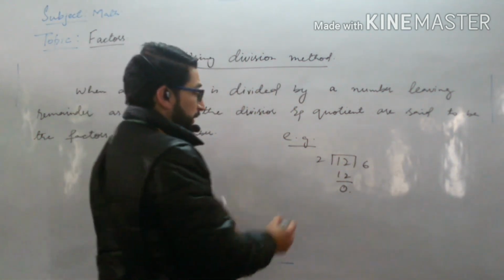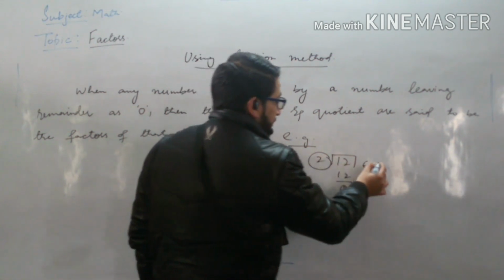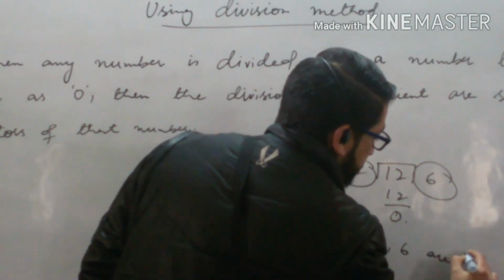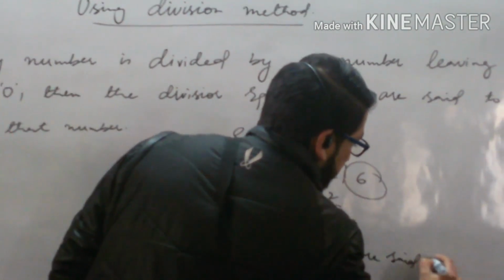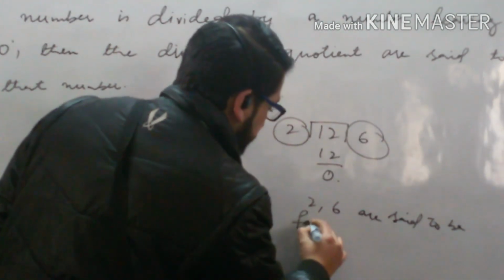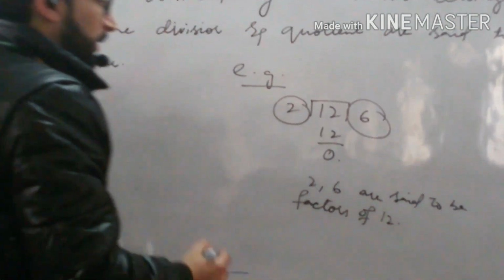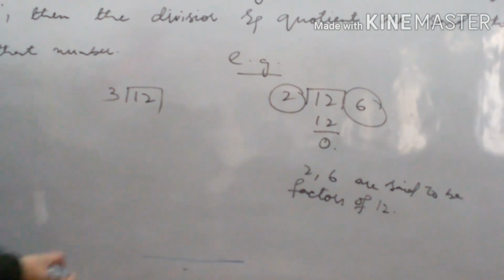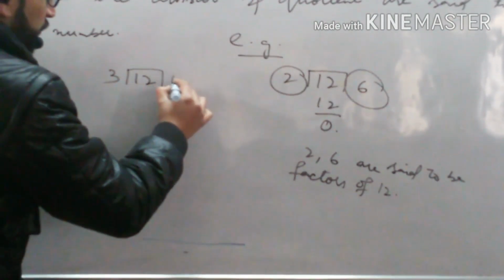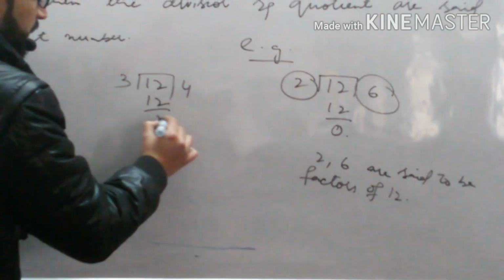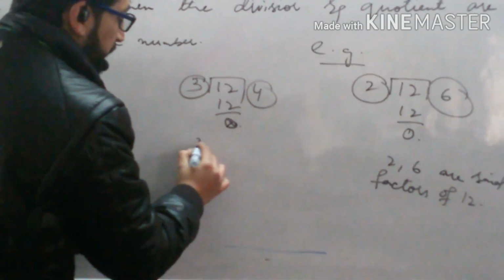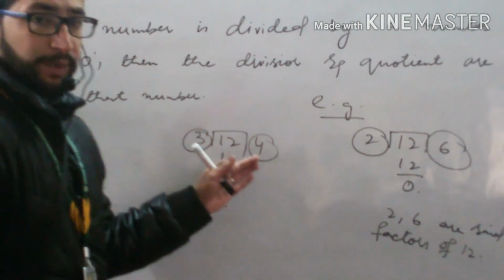So these two numbers, 2 and 6, are said to be factors of 12. Again taking 12, here we divide it by 3. 3 fours are 12, so again remainder is 0. This 3 and 4 are factors of 12 here.